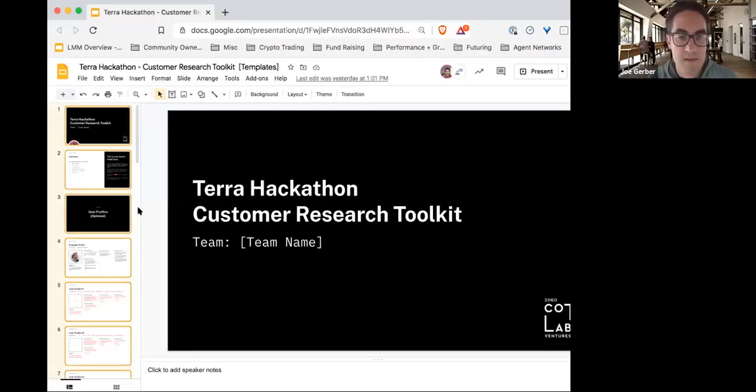Where'd it go? Oh boy. I somehow lost my window. Hang on 1 sec. There we go. That's the wrong one, sorry about that. On the fly. Yeah.